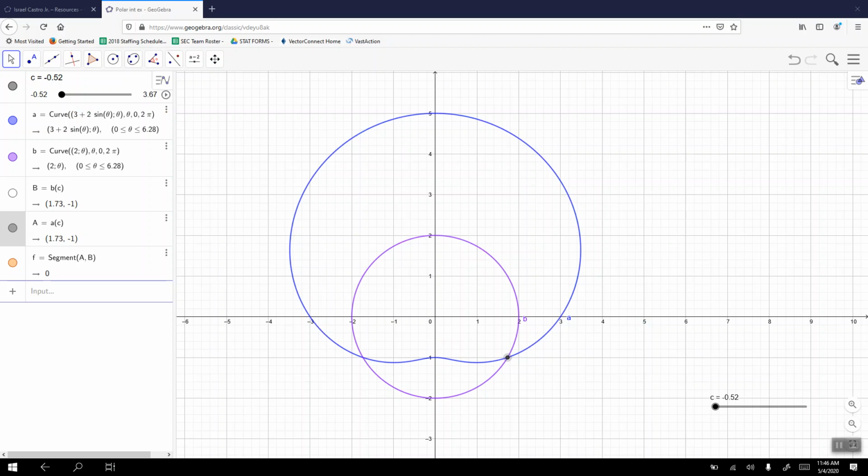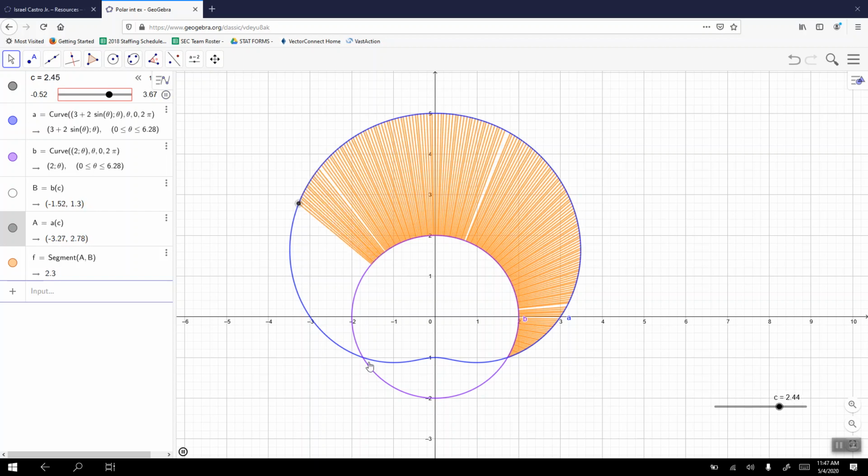Alright, so here we are on GeoGebra, and what I've done here is I've created two different graphs. One of the graphs is this graph in blue, the other graph is this graph in purple. I'm going to start traversing the angle measurements, and I want to look at what area is encapsulated by the inner radius of the blue graph, but the outer radius of the purple graph.